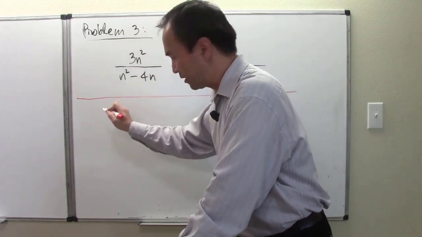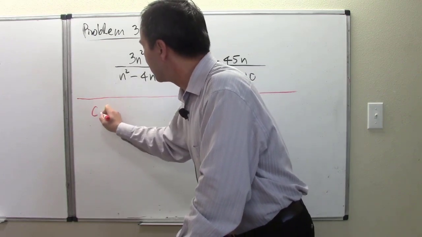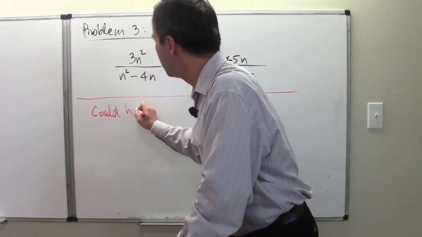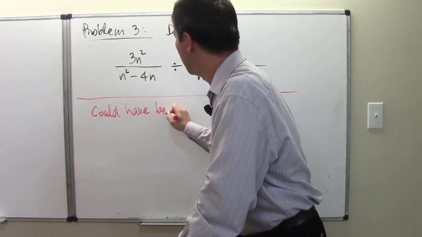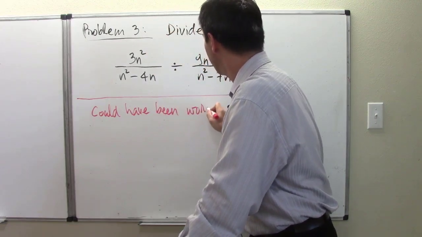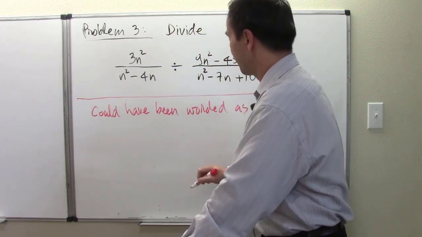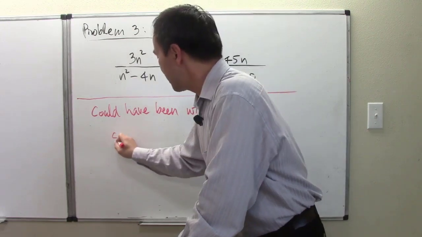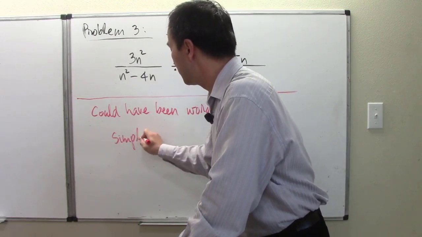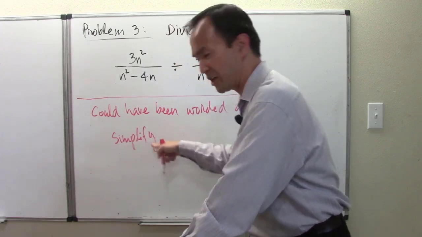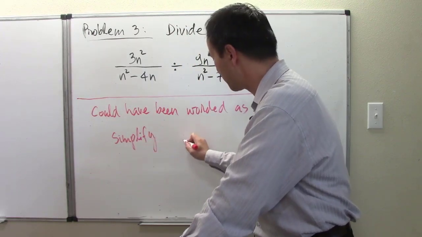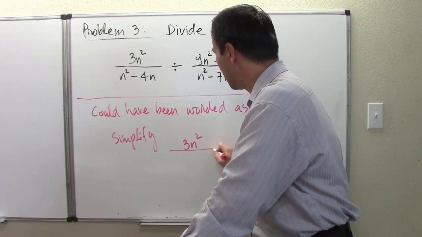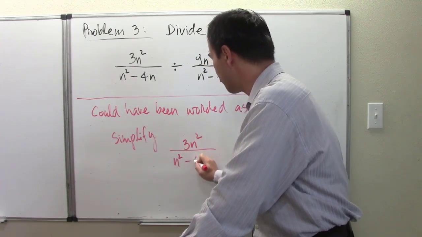Allow me to use a red ink here. Simplify. We could have been instructed to simplify the following expression: 3n squared over n squared minus 4n.